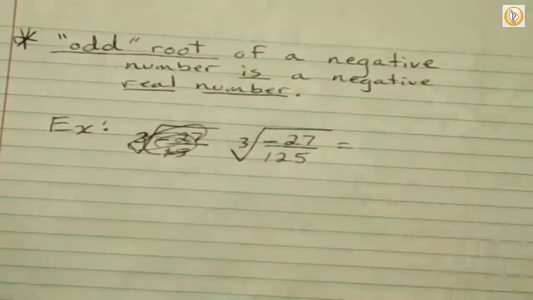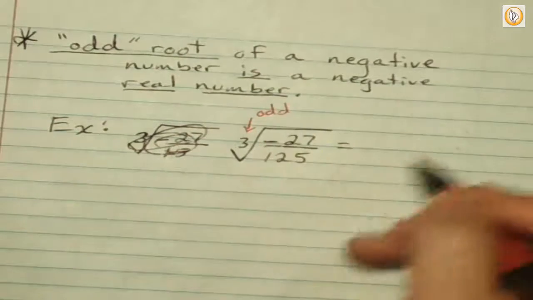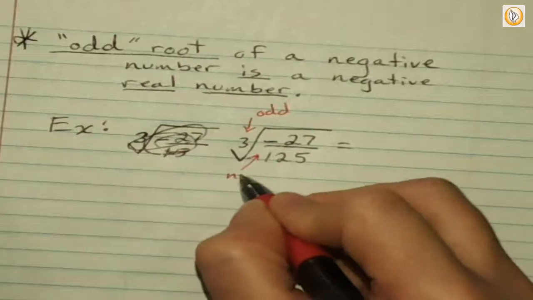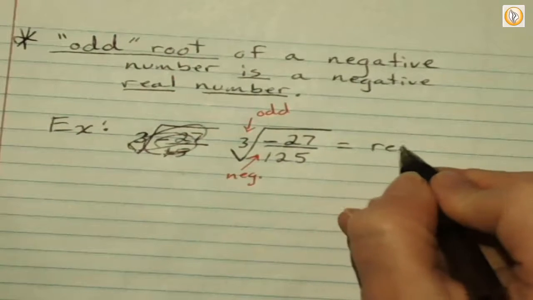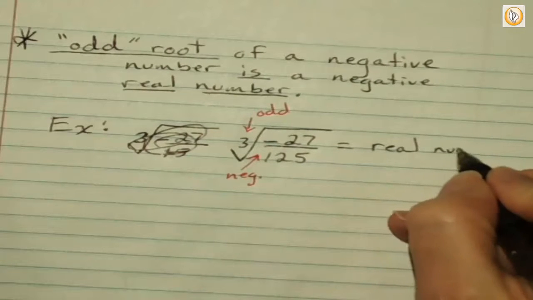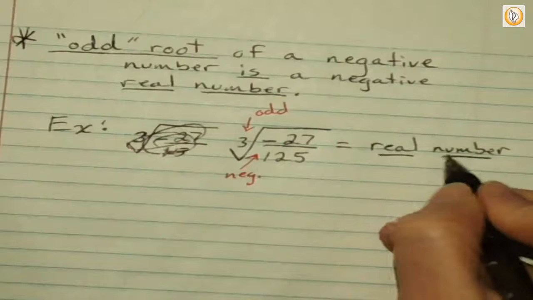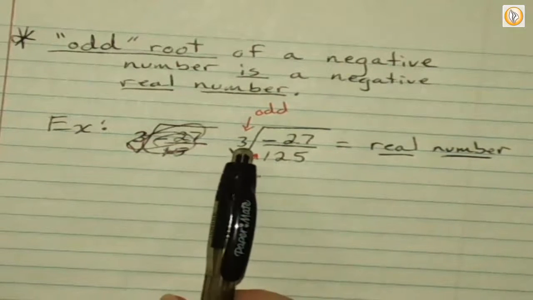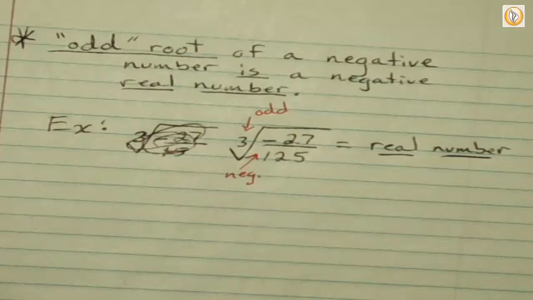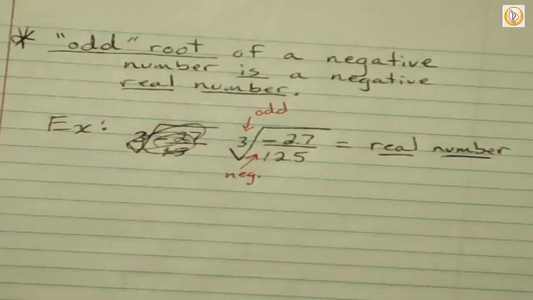First of all, this is odd. This is negative. It does work, so it is a real number, but that's not your answer. I'm just writing that down for your notes. It is a real number. So keep in mind, if the root is odd, but the radicand is negative, it's okay.